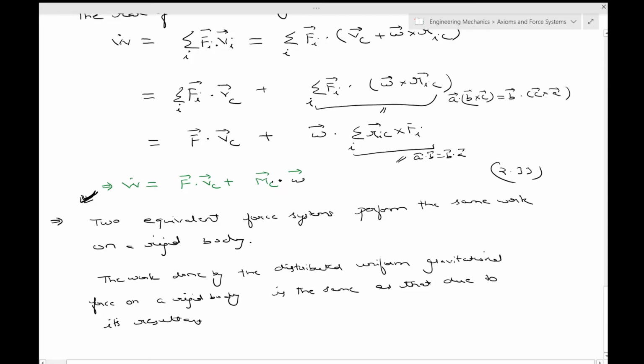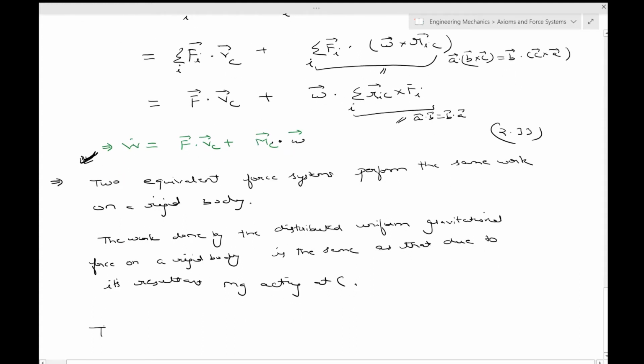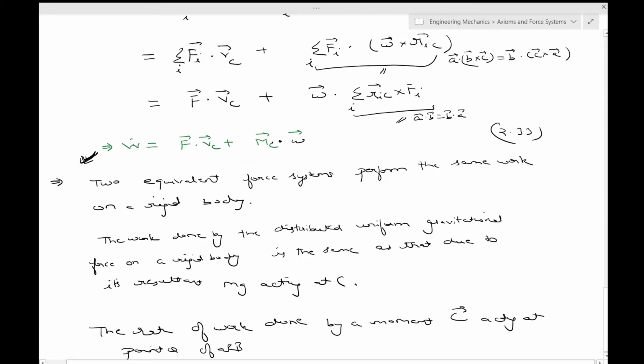Okay, so sigma Fi has been replaced with F. Of a rigid body is, so this is from equation 2.33.